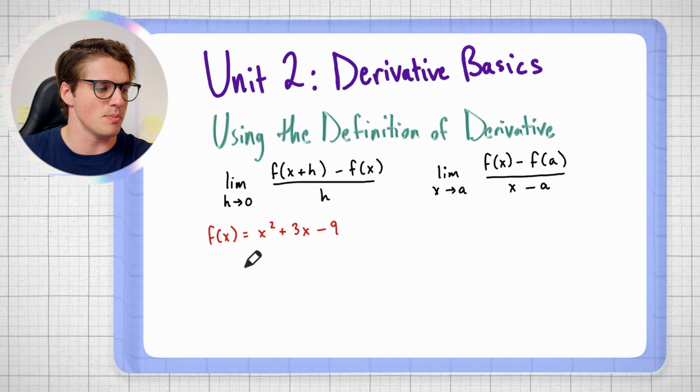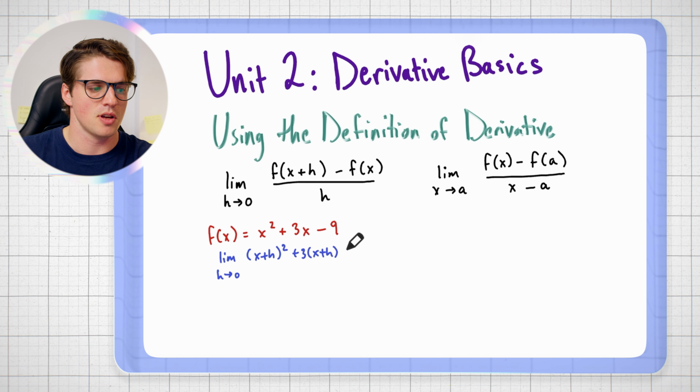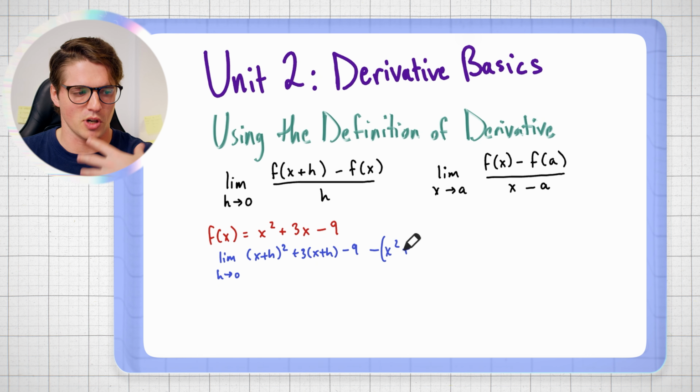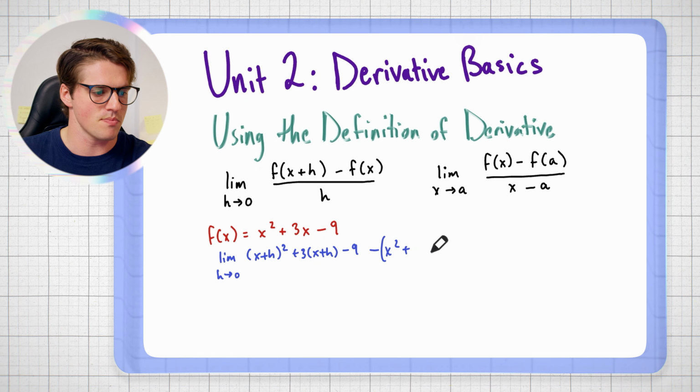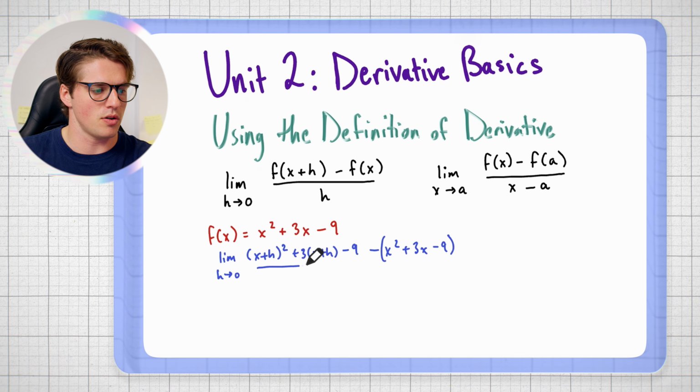We have the limit as h goes to 0 of (x plus h) all squared plus 3(x plus h) minus 9, minus just the function again. Now, it's important here to put the parentheses because we're subtracting, so we have to change the sign of every term: x squared plus 3x minus 9, all over h.